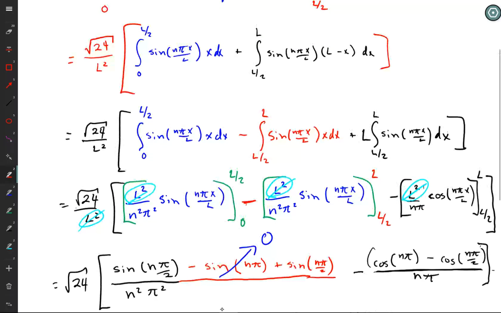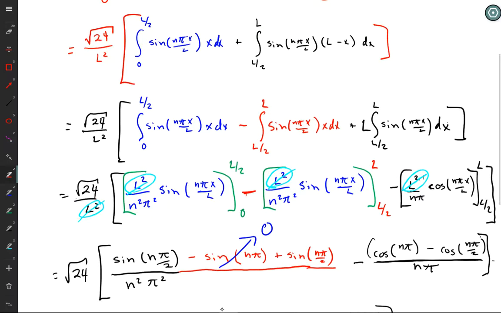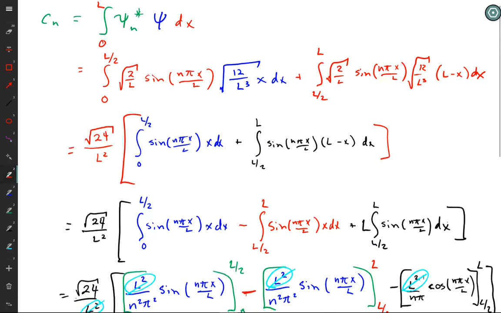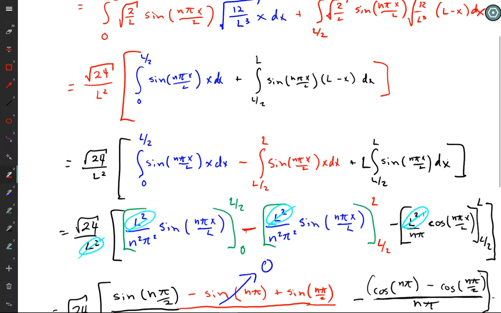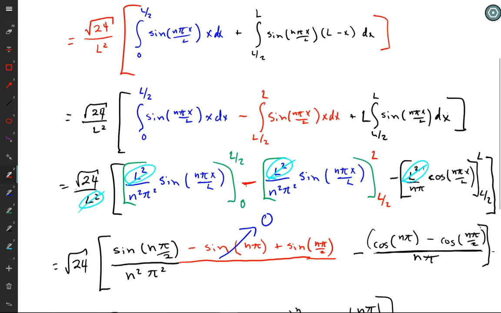Where did I make that mistake? Square root of 24 over L cubed. Hope not.